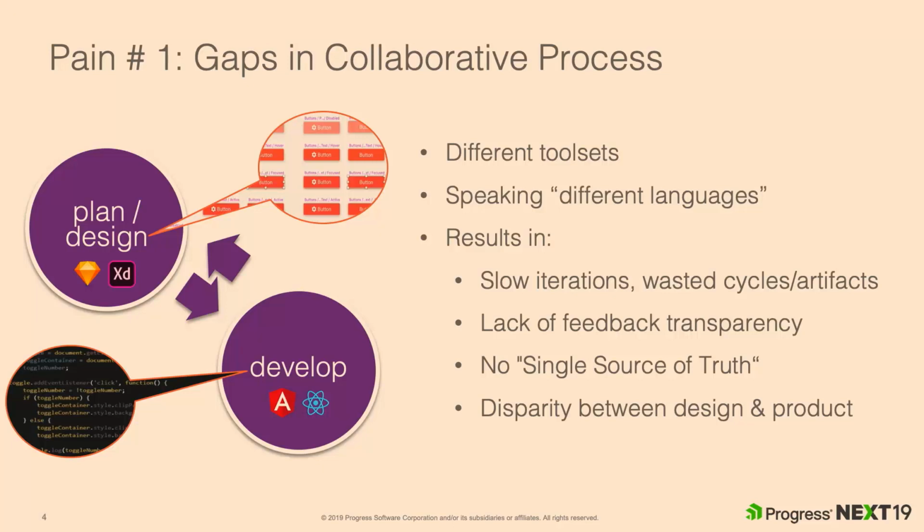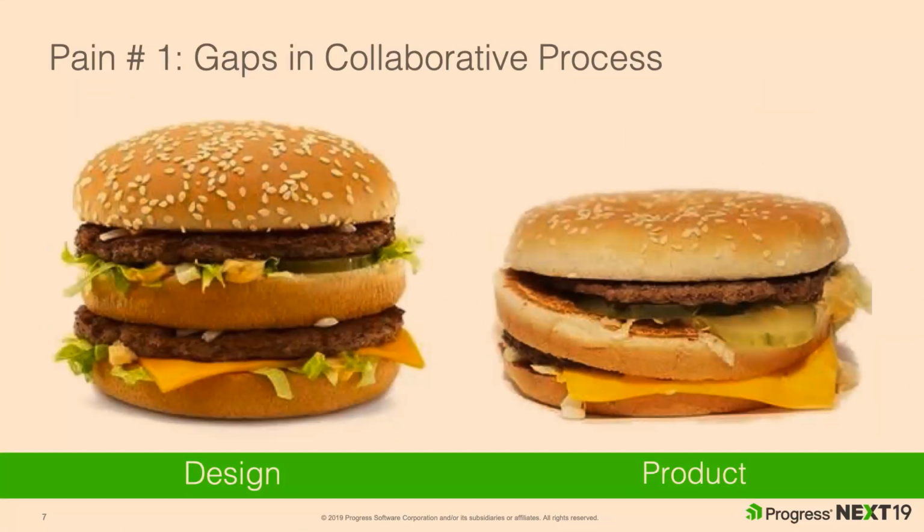And the net result of all that is the Big Mac slide. Designers have designed this great looking hamburger, and what you get from developers is the smushed down Big Mac, right? But the reality is no one's really to blame here.